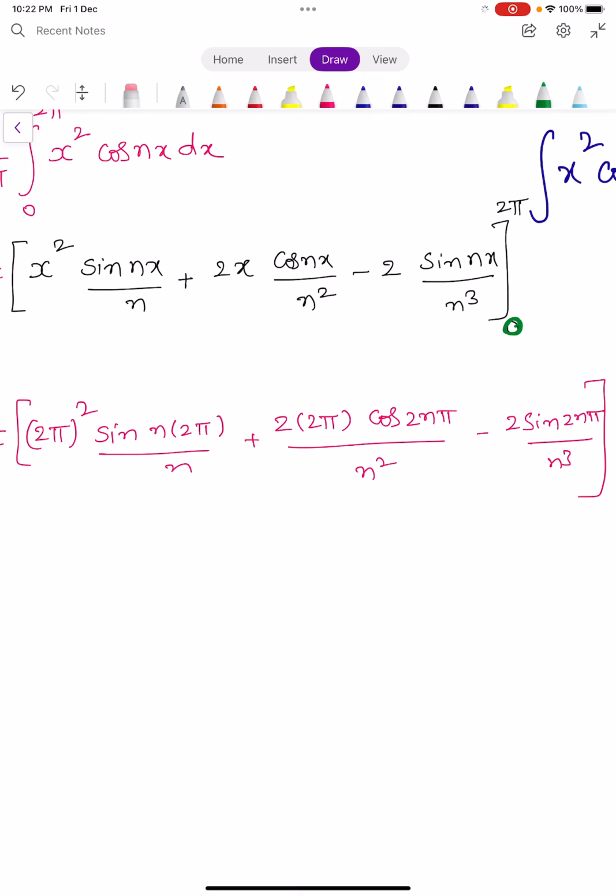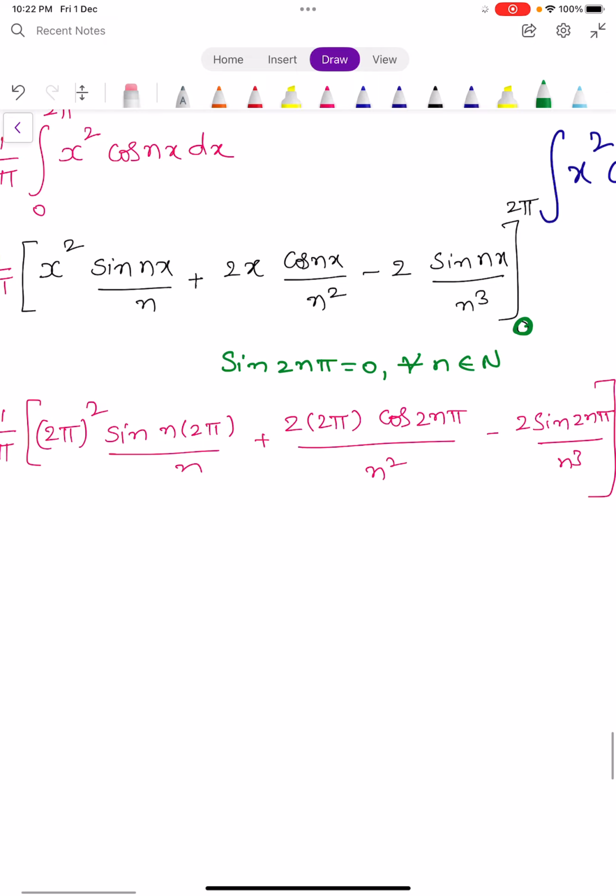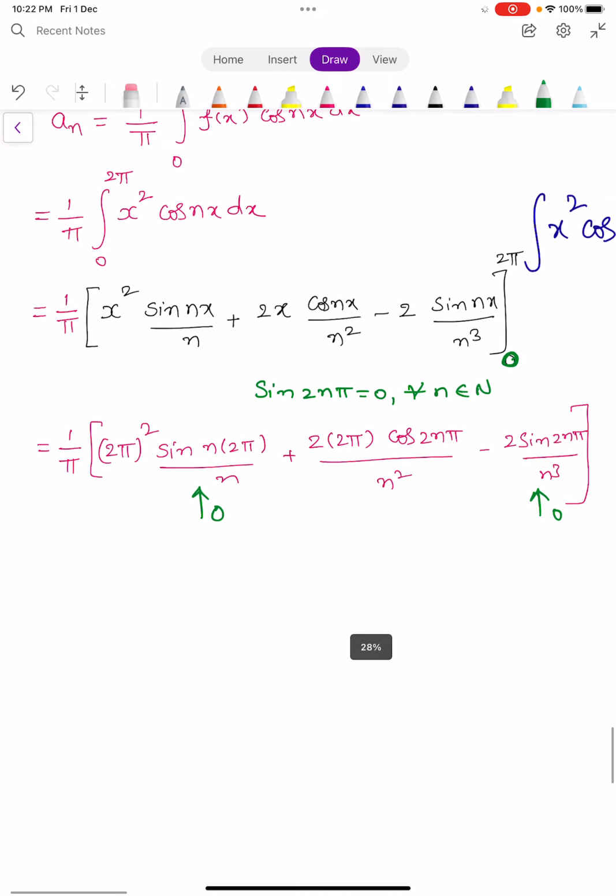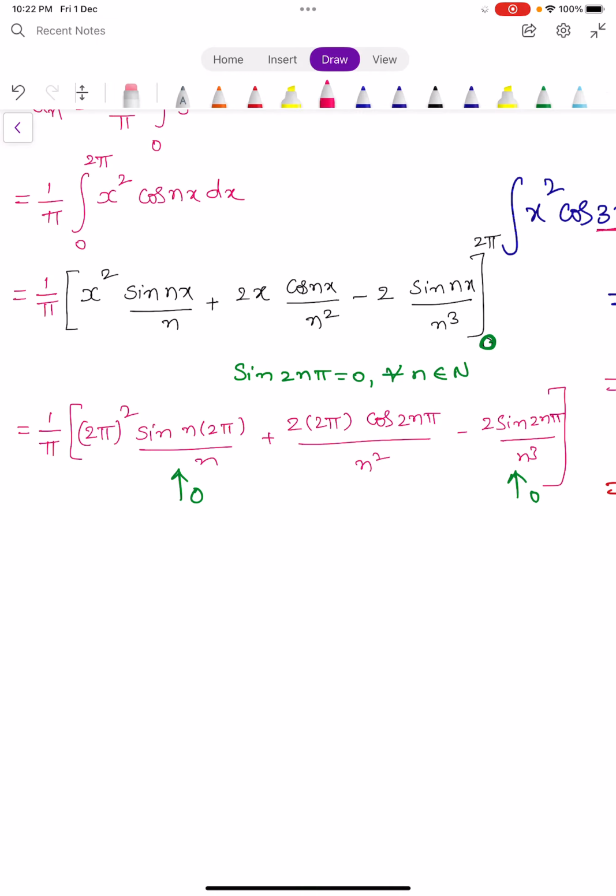And remember the basic fact, sin 2n pi is equal to 0 for all n belonging to capital N. So this condition implies the first term is 0, the last term is also 0, and the only term is the second term. 2 into 2 pi, 4 pi, cos 2n pi.